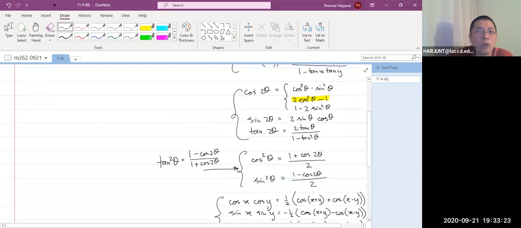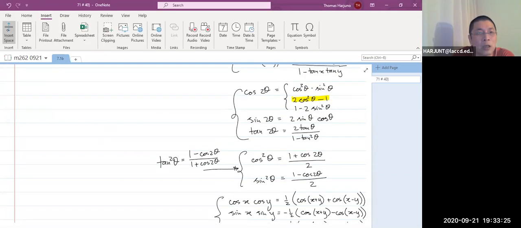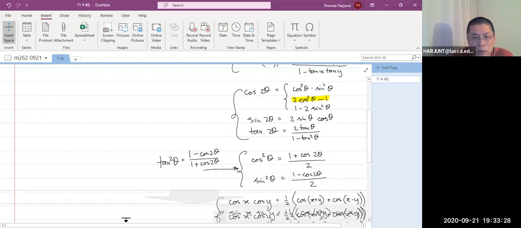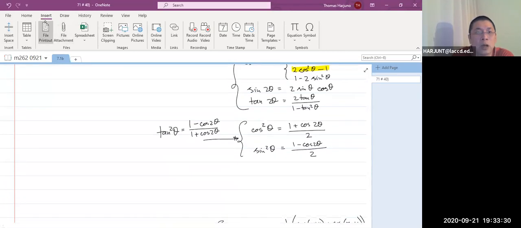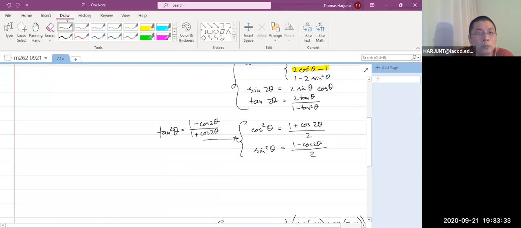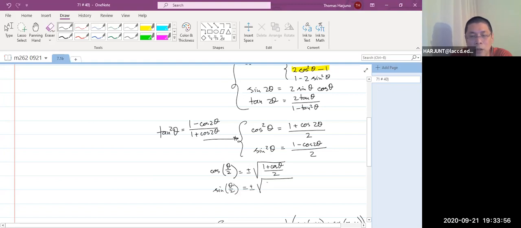Half angle formula. Cosine theta over 2 is equal to plus minus, depends on the quadrant, square root of 1 plus cosine theta over 2. Sine theta over 2 equals plus minus, depends on the quadrant, square root of 1 minus cosine theta over 2.